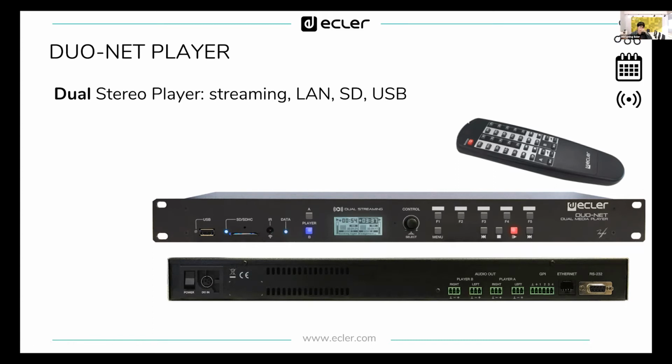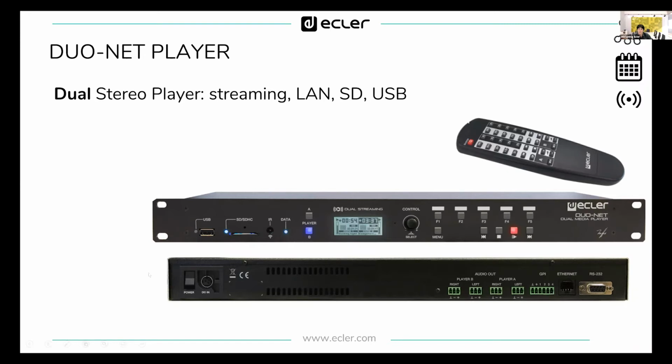DuoNet Player is a dual stereo player. We can play streaming, so internet radios. We can read files from a network, from the SD port, which you have here, and from the USB port as well.